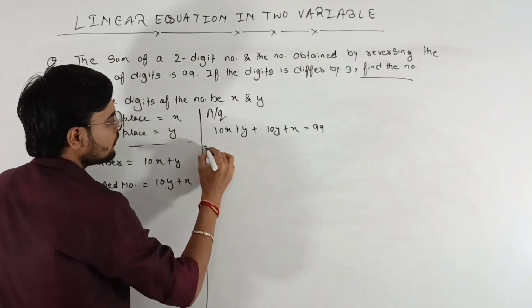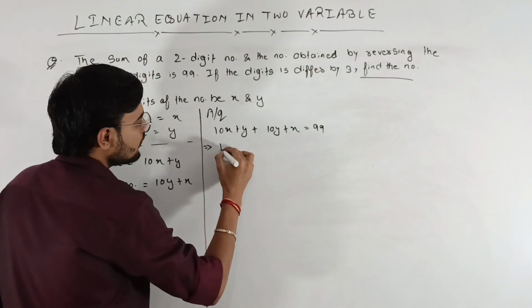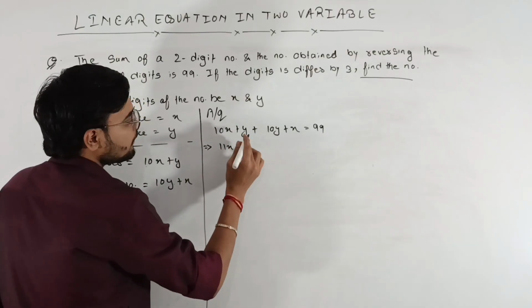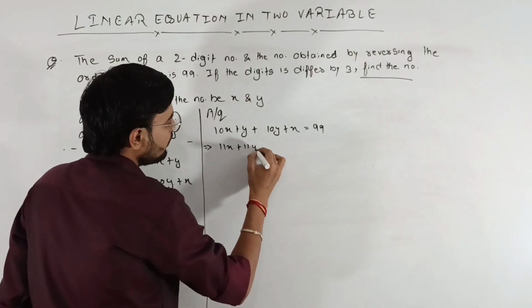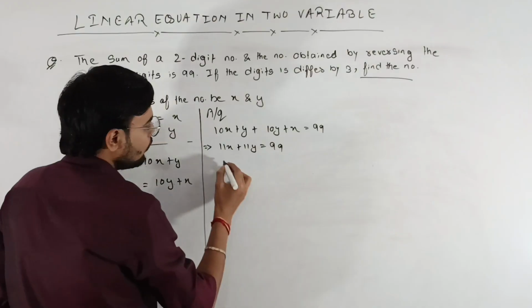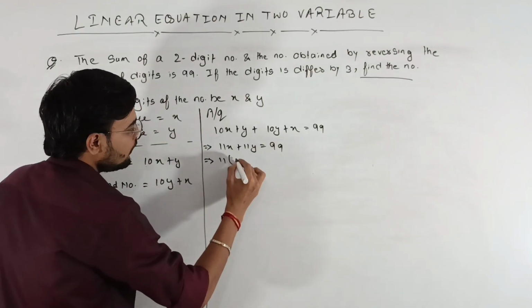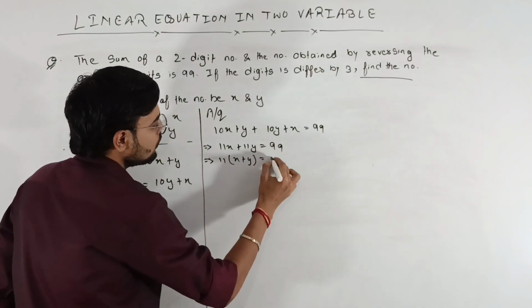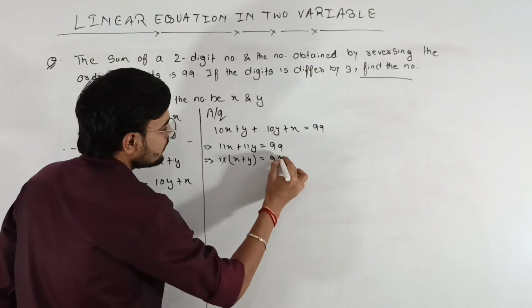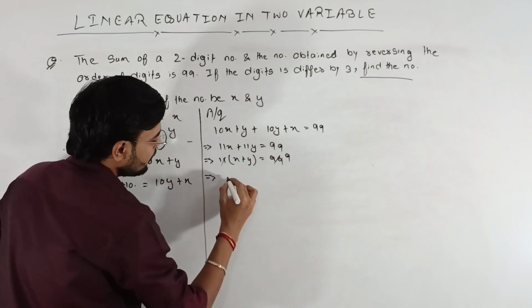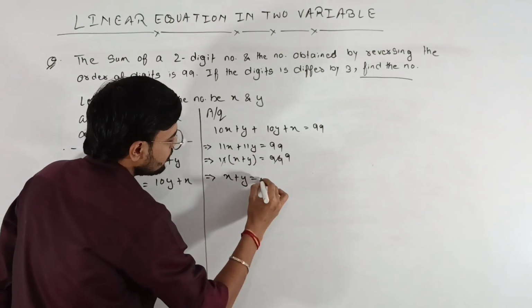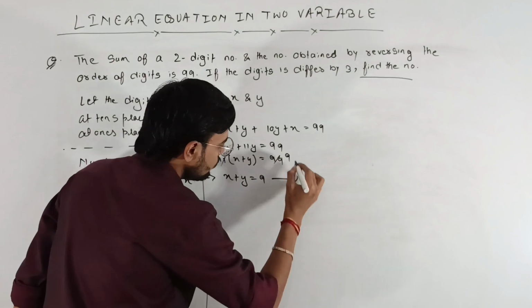Now solve this. 10x plus x is 11x, 10y plus y is 11y, equals 99. Now take 11 as common. So 11(x plus y) equals 99. Now 99 is divided by 11, which gives 9. So our equation becomes x plus y equals 9. This is my first equation.